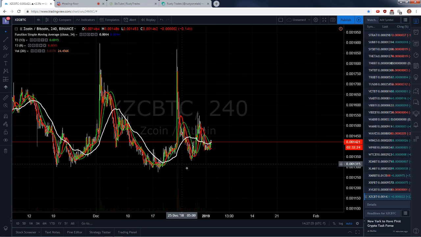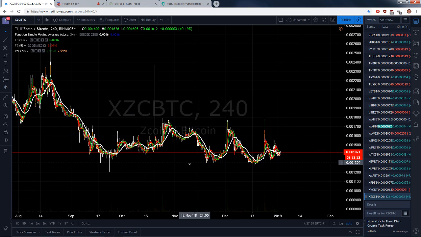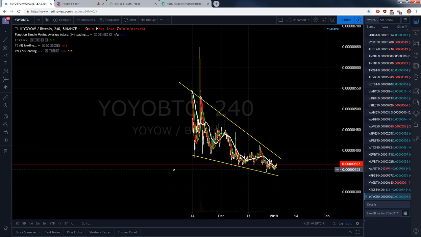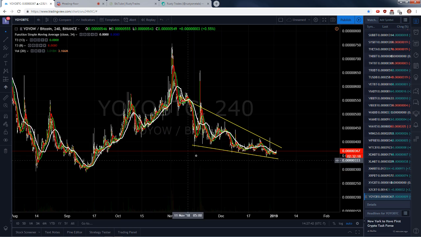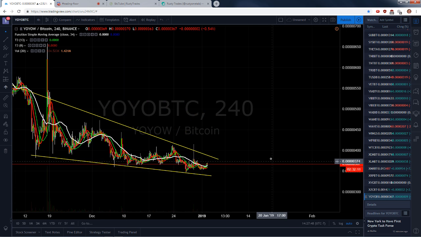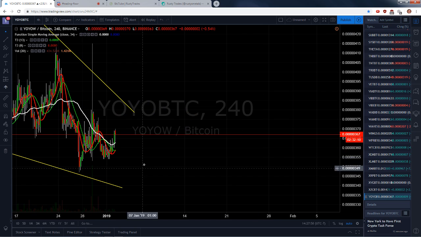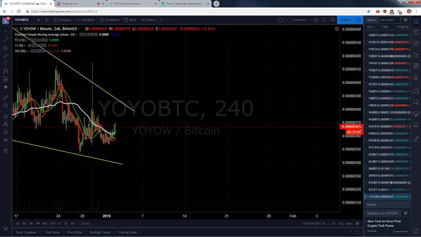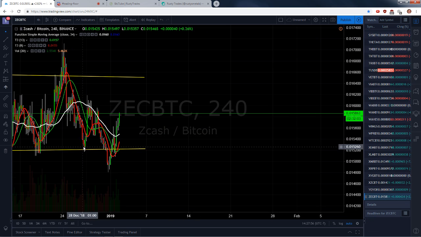Higher low. Something's got to give. Yo, look at that tight pattern. Good. Into support. Watch for a pop across resistance.